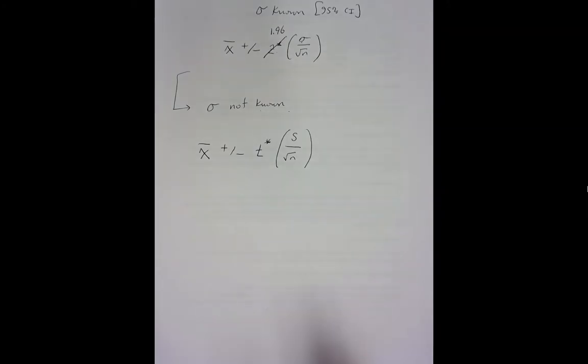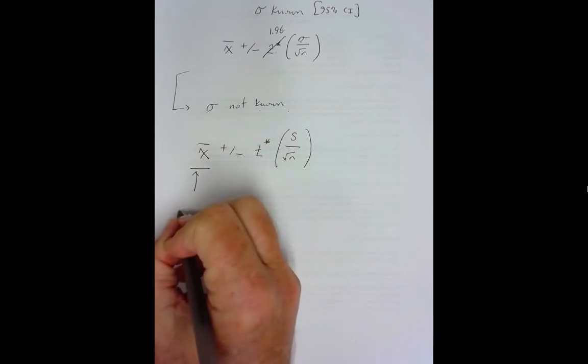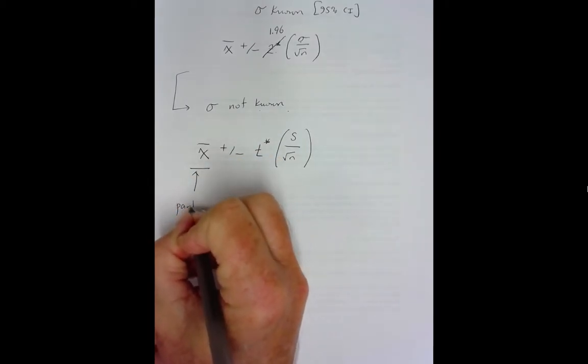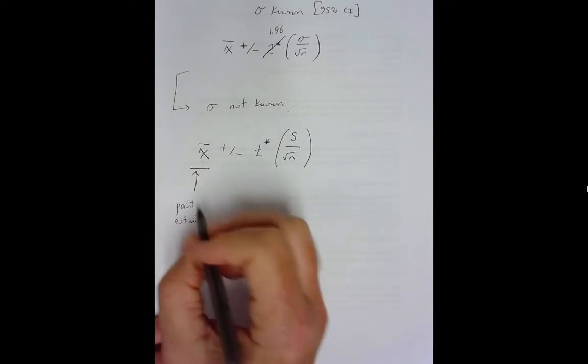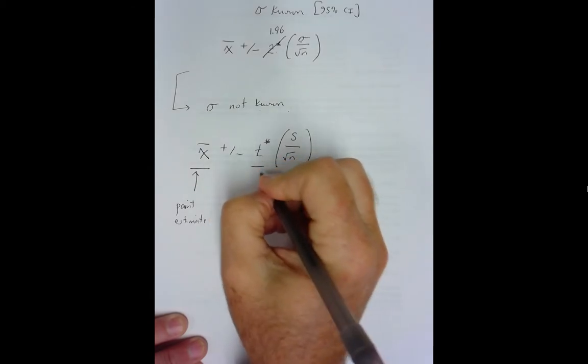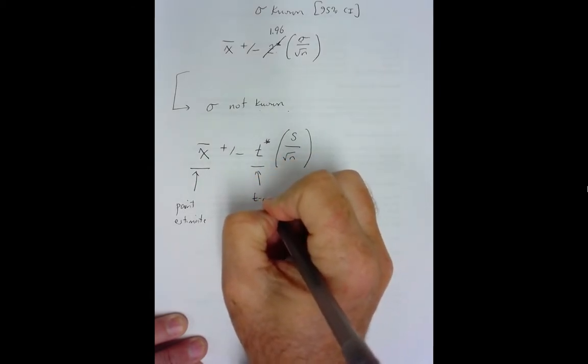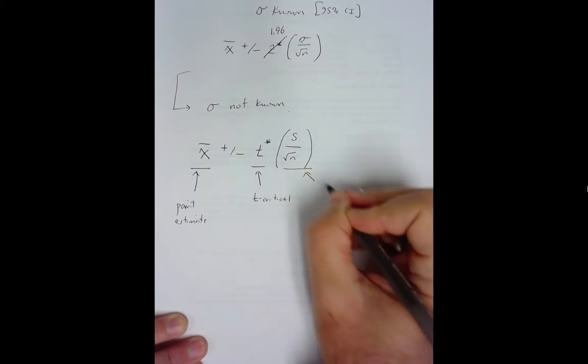Now, guys, this is very important here. Let's give each one of these things a name. This is called our point estimate. I know that looks like paint estimate, but it's supposed to be point estimate. This is called our t-critical. This is still called our standard error.